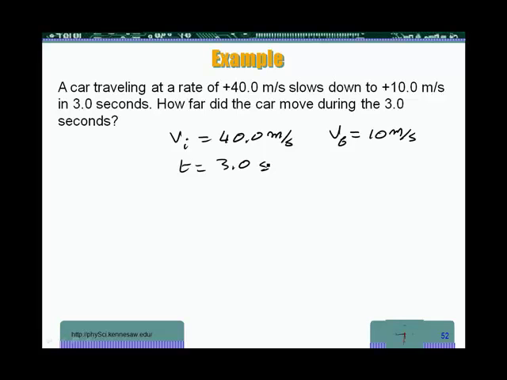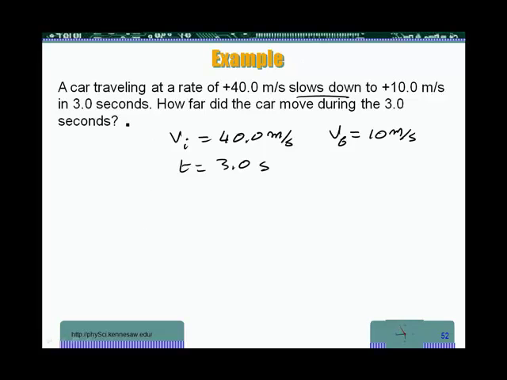Now, how are we going to find that? It is easy if we have constant acceleration, and in this question we just worked the acceleration. It is assuming a constant acceleration. The wording could have been a little bit better telling us that. I apologize for that.